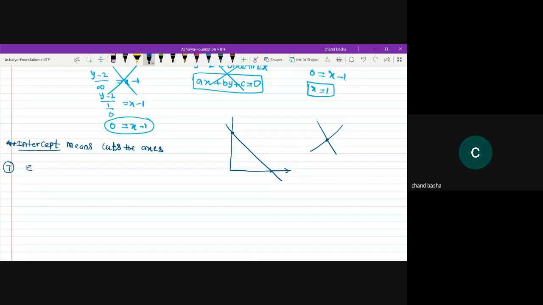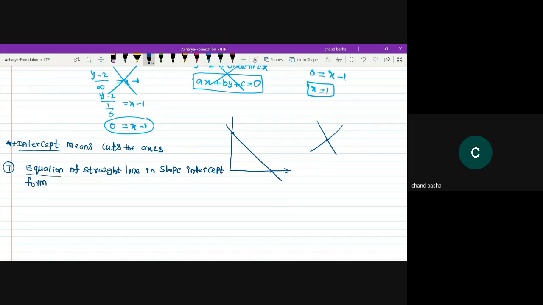Equation of the straight line in slope intercept form.